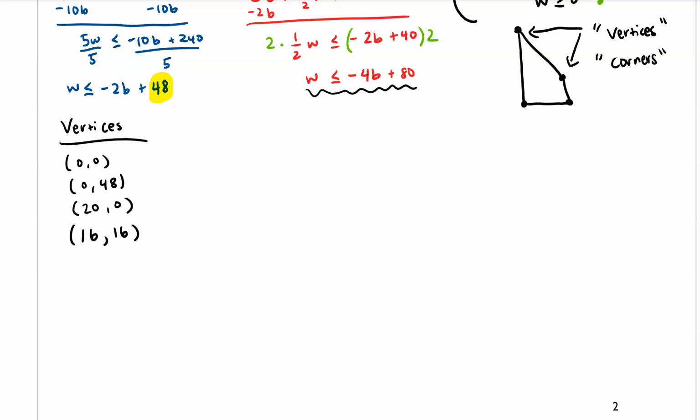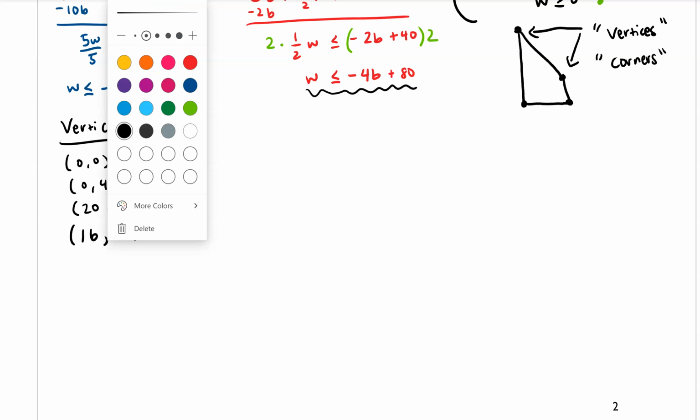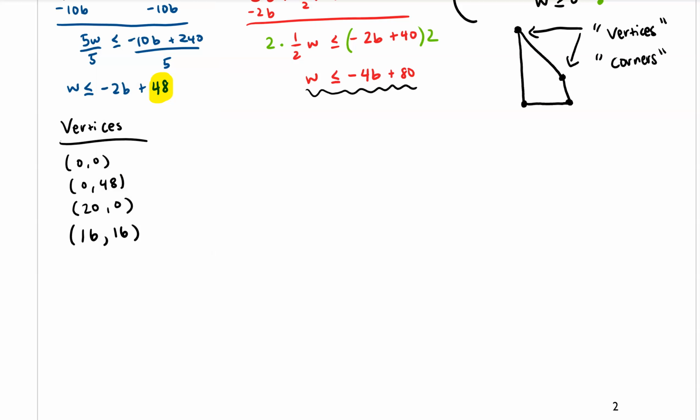Okay, so we have our 4 vertices now, and hopefully you've been asking yourself, Mr. Kwan, we haven't really used the objective function so far. So let me just remind you what our objective function is. Our objective function, the thing that we are trying to maximize, is P equals 4B plus 3W.